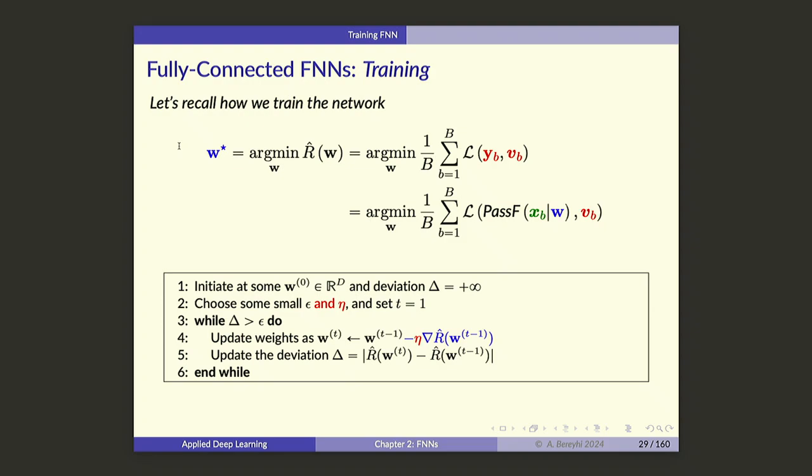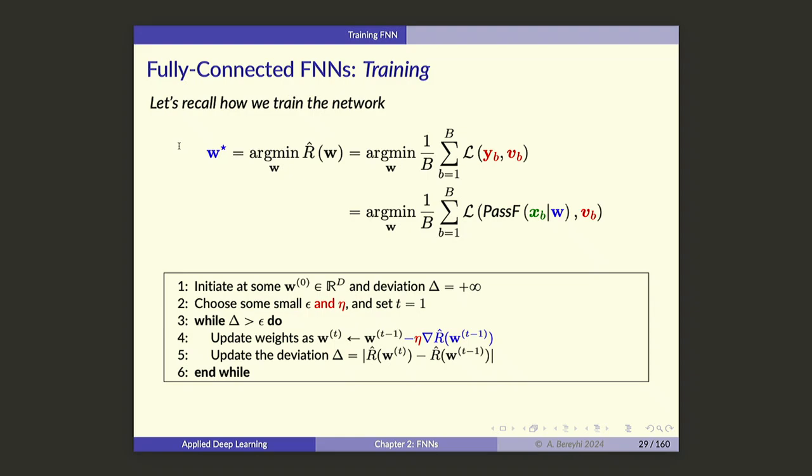The partial derivative of your empirical risk with respect to every single weight that you have in this big neural network. You calculate that, and after calculating it, you just move in the opposite direction of that gradient. You just change your weight, right?